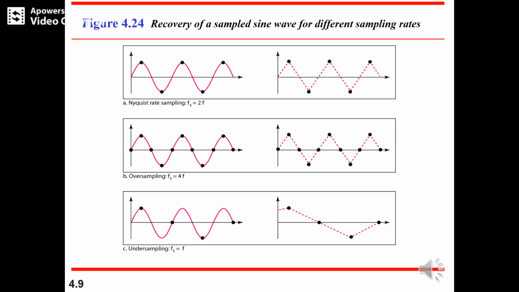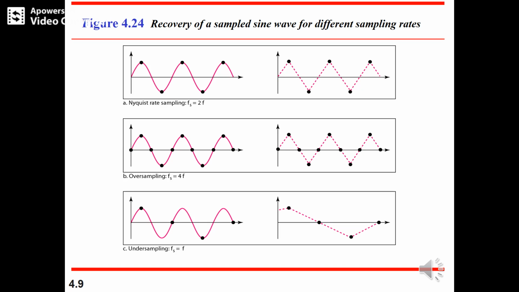Now, recovery of a sampled sine wave for different sampling rates. If you have Nyquist rate sampling, that is Fs equal to 2 times the maximum frequency F, each sine wave, that means a single sine wave, will be sampled twice. This is one case and this is the other case.